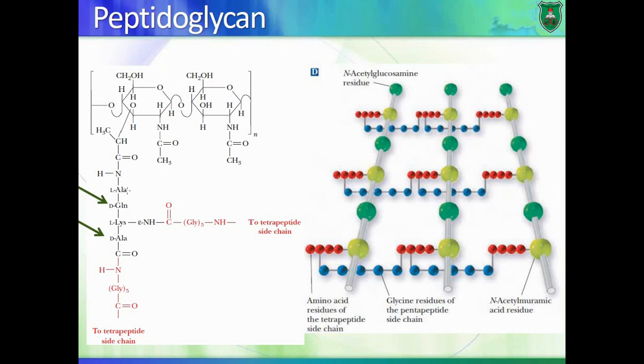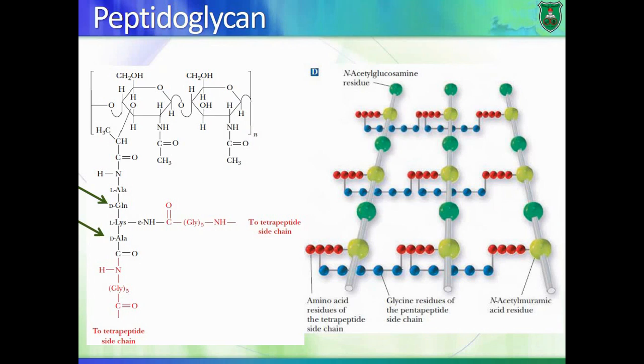From muramic acid, extending 4 amino acids: alanine, glutamine, lysine, alanine. Attached to number 3, which is lysine, are 5 glycine amino acids, or residues: 1, 2, 3, 4, 5.